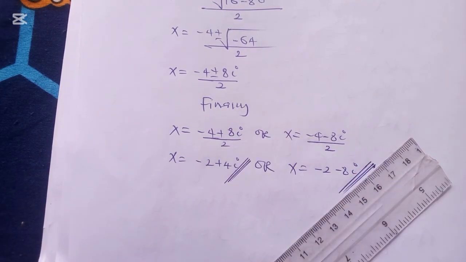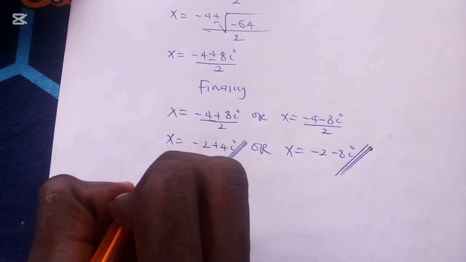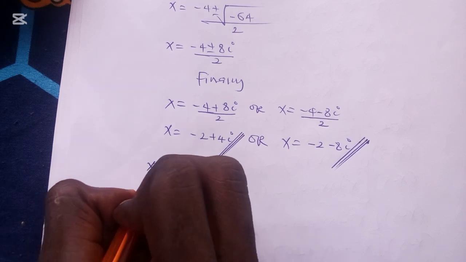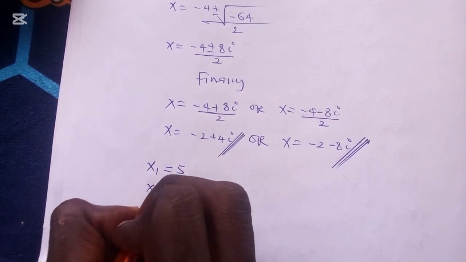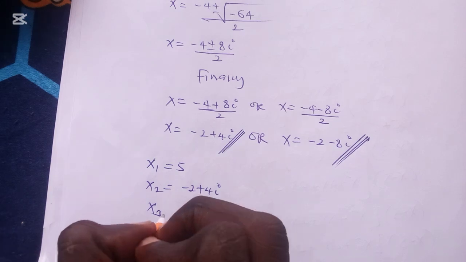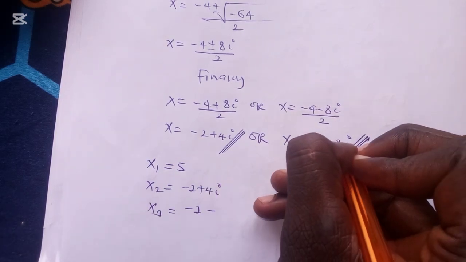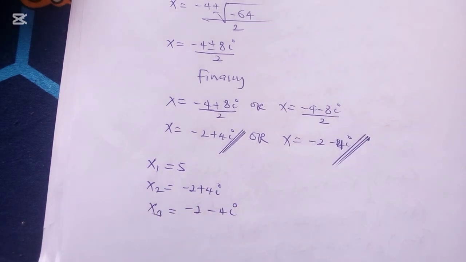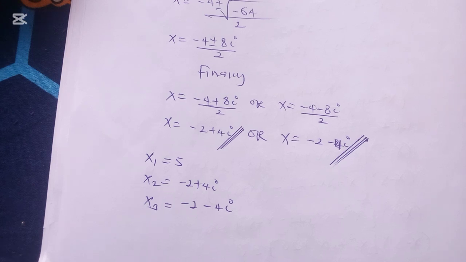So we can say, in summary, x1 is equal to 5, x2 is equal to minus 2 plus 4i, and x3 is equal to minus 2 minus 4i. Okay, so these are the 3 possible values of x that we have to find in regards to the problem that we are given.